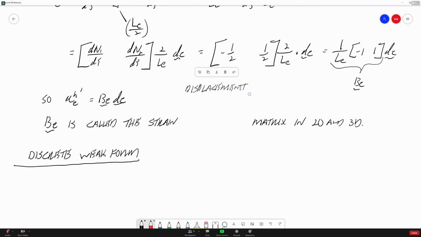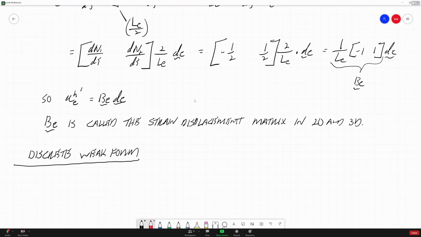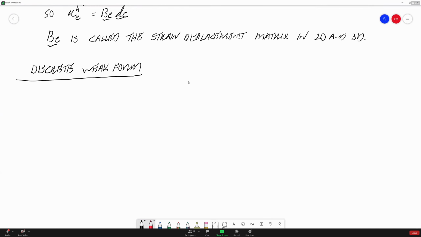So because of that, we now have a different form of our weak form, and it's a discrete weak form. You could almost call this the elemental form, but it's called discrete because we're getting ready to solve it numerically.